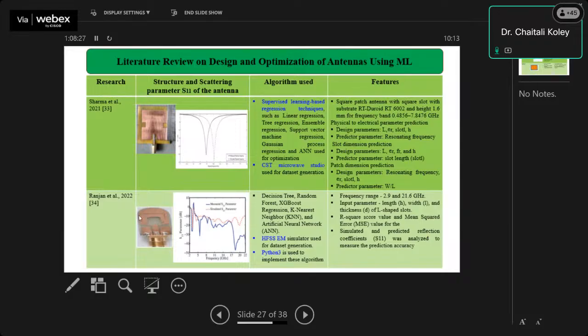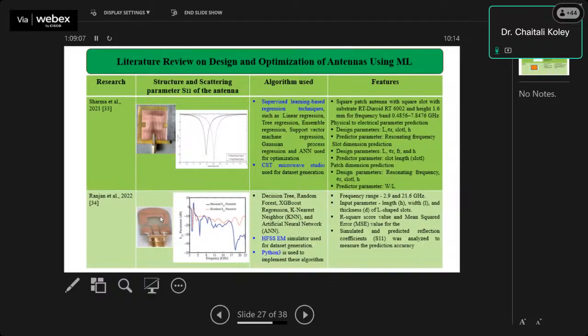So here is an L-shaped slot, and they varied the length, width, and thickness of this L-shaped slot. The machine learning models were trained using the data set collected from HFSS. Then the data set was used to run the model and forecast the S11 value. The parameters that provide the lowest S11 value are then chosen, where the MAC value is the lowest.